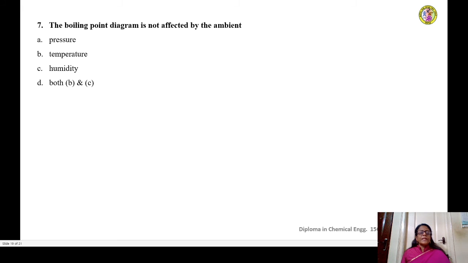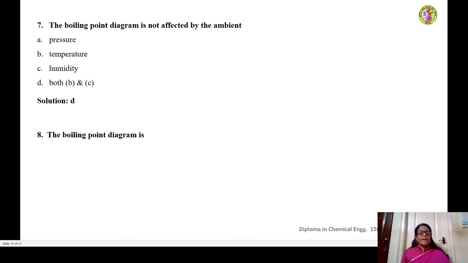That is plotted for a particular constant pressure, so changing the pressure will change the nature of the diagram. It is not affected by the temperature or humidity. It is just the pressure which affects the diagram. So both B and C, that is option D, is the right answer for this question.